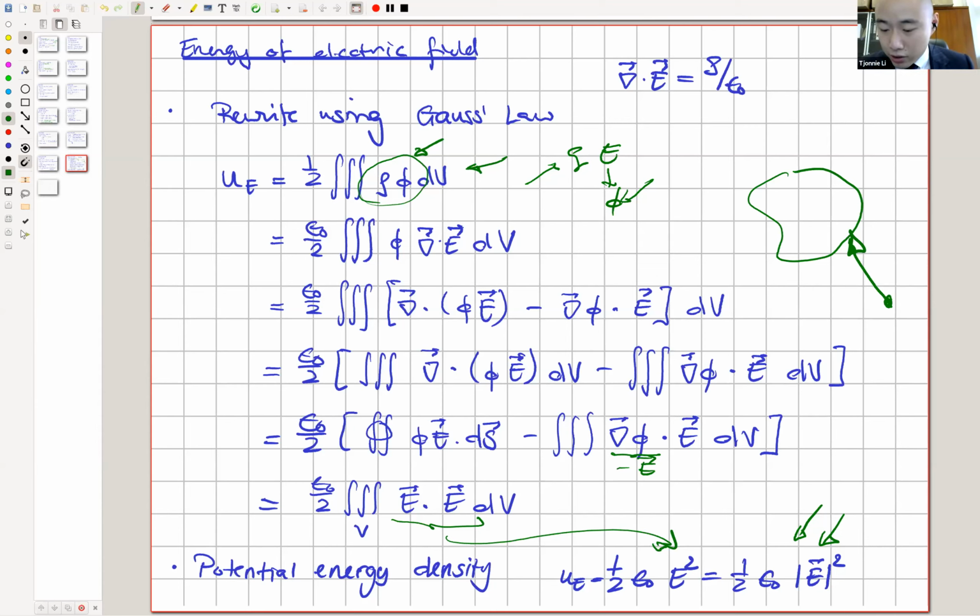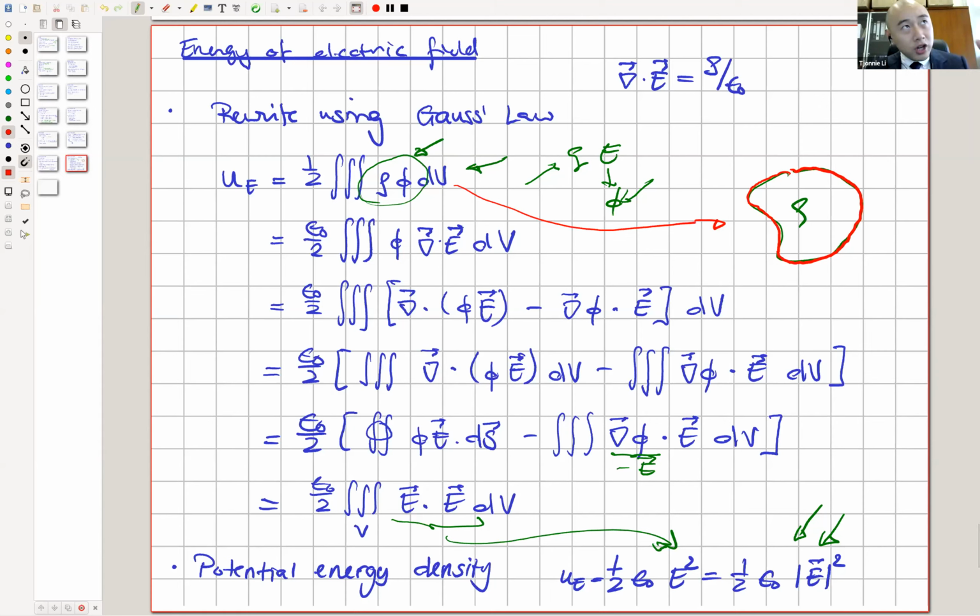So if this is the charge distribution rho, then in principle, I can integrate exactly to the edge, like this.